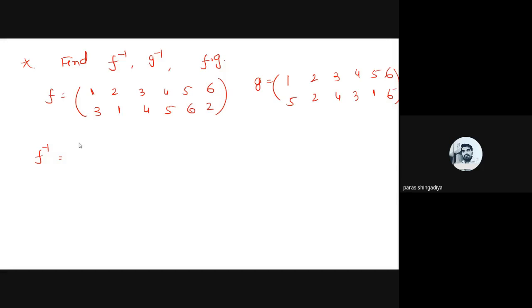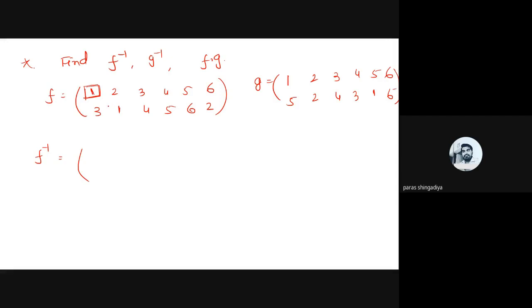Sorry, for f inverse, you just consider the opposite value, okay. In this output value, 1 is mapped from 2 here. We just consider the output of 1 right now. So what will be the output of f inverse in this f?